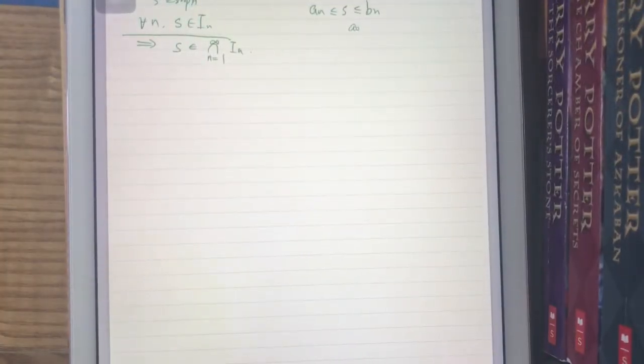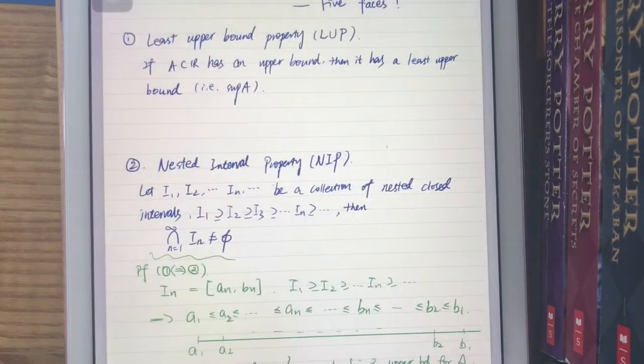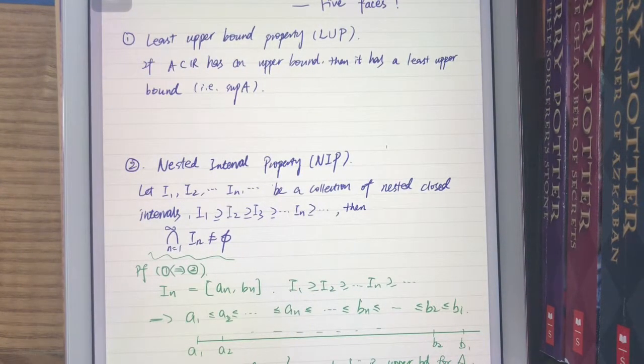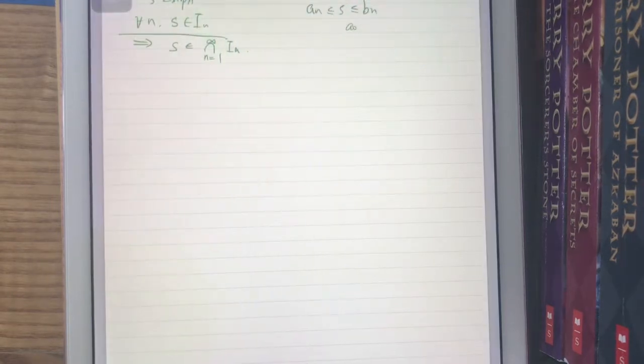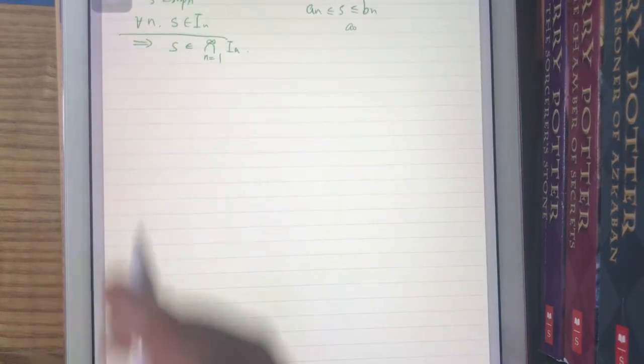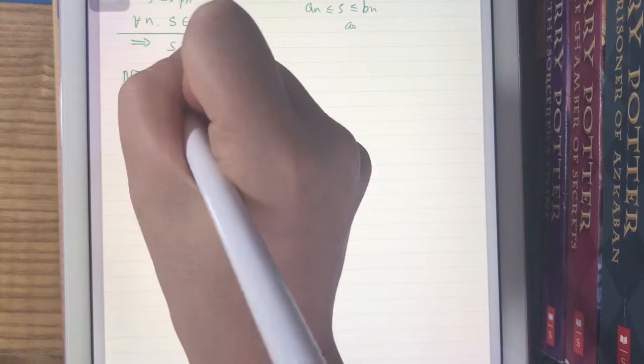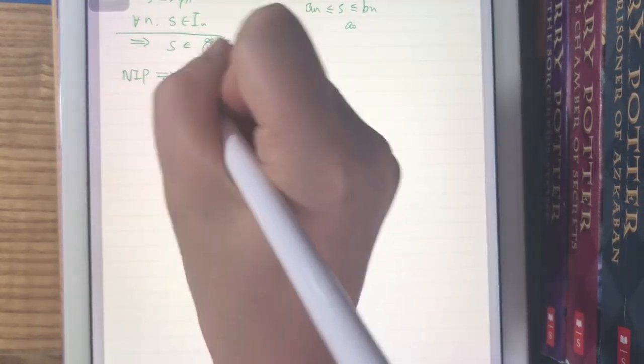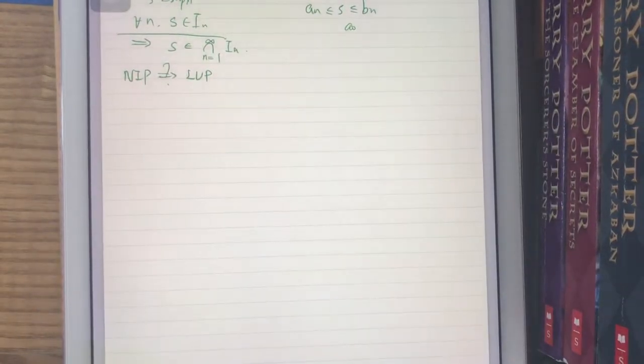Okay, the next part is to conversely prove from the nested interval property to the least upper bound property. So NIP to LUP. How are we gonna do that? The point is how we're gonna construct the closed intervals, or the collection of closed intervals.